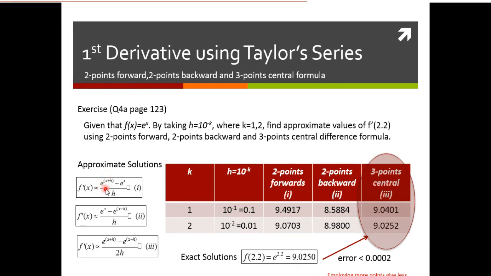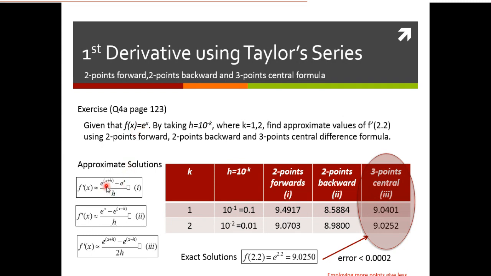Okay, so this is your first derivative 2-point forward difference formula, which is represented by f of x plus h minus f of x divided by h. So I have to substitute the f of x function with the equation that represents f of x itself.